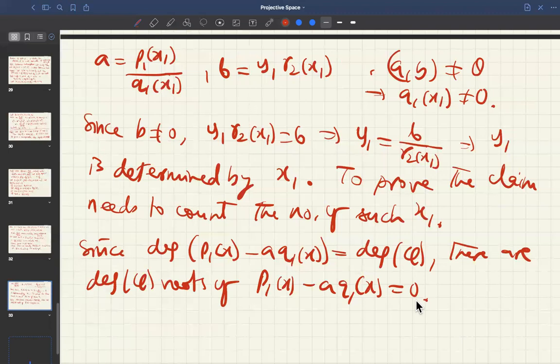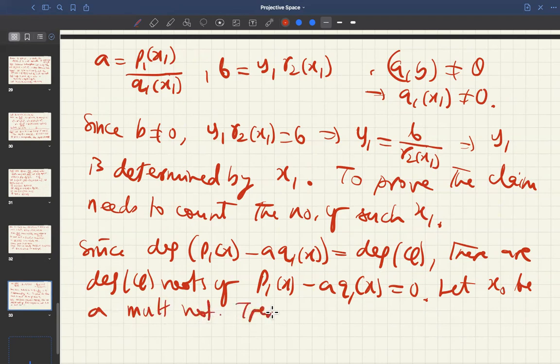But some of the roots may be multiple roots, so I want to make sure that this doesn't have multiple roots. To show that, a root should not satisfy both this and its derivative: if P1 minus A Q1 is 0, then P1 dash minus A Q1 dash equal to 0 should not be possible. So let x naught be a multiple root.